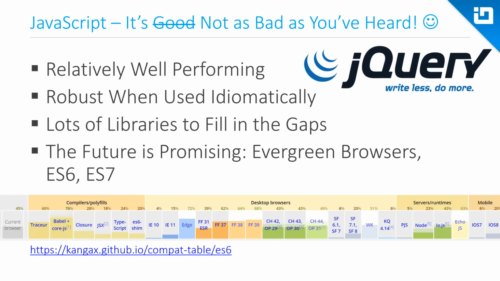Some things you just really can't do with a polyfill, so it's a matter of waiting until the browsers support them. An interesting thing to note is that of the Microsoft browsers, you see IE10, IE11, and Edge. Edge is basically the number one browser for ES6 support. So Microsoft has totally turned the tables in terms of hitting standards and performance, and that's their direction in terms of browsers as well.